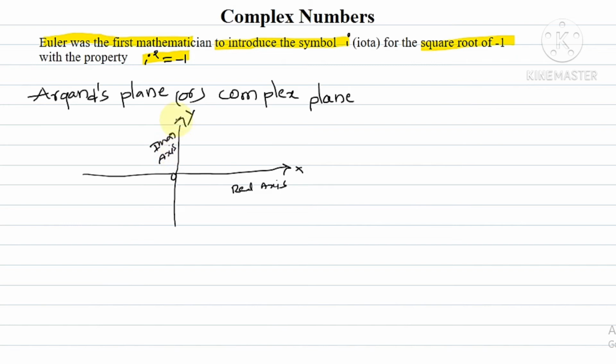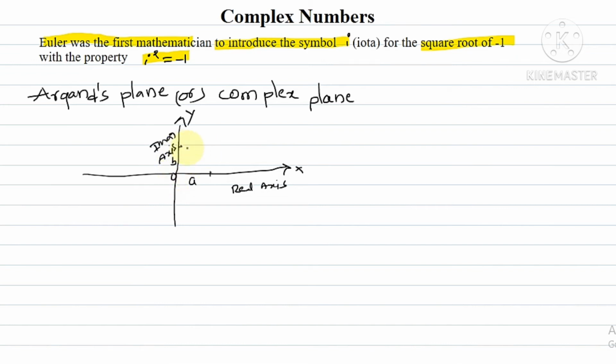As we know that in two-dimensional geometry, every ordered pair in the plane represents a unique point. So here also, every complex number in this plane represents a unique point. So x-axis is called real axis and y-axis is called imaginary axis. So here take from origin to here a units in the real axis. From origin to here you take some b units.